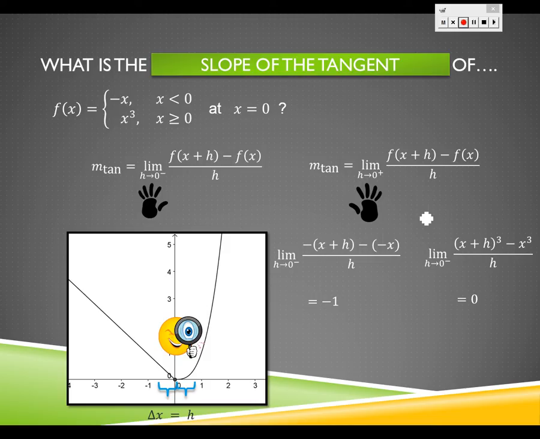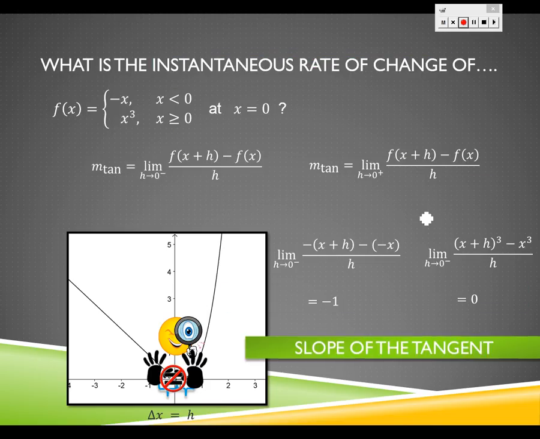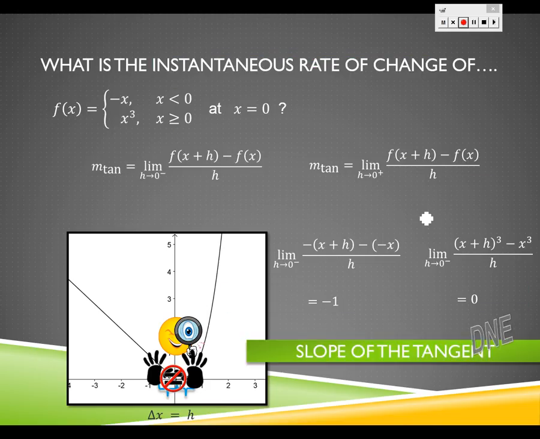But I want to make sure we're clear here, because obviously there is something that does exist here. Sorry, the slope of the tangent does not exist. We just showed that. The left and right hand limits that give an expression for the slope on the left and right don't agree. So this function doesn't have an instantaneous rate of change at that point.